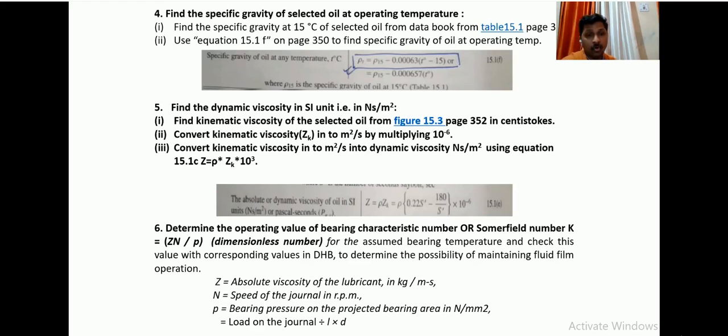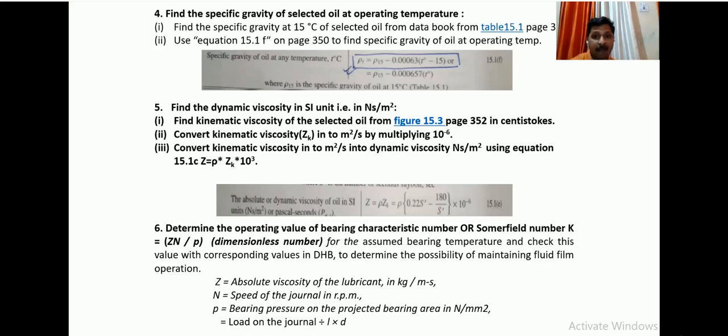So from that graph we can easily find the kinematic viscosity, and if the kinematic viscosity is known, we can easily find the dynamic viscosity, because dynamic viscosity is nothing but the density multiplied by the kinematic viscosity. So from figure number 15.3 on page number 353, we have the graphs of different oils, between the kinematic viscosity and the temperature.